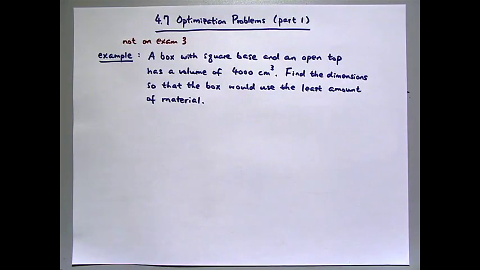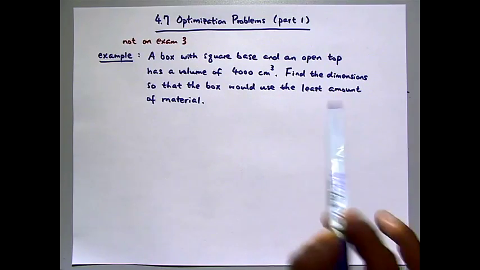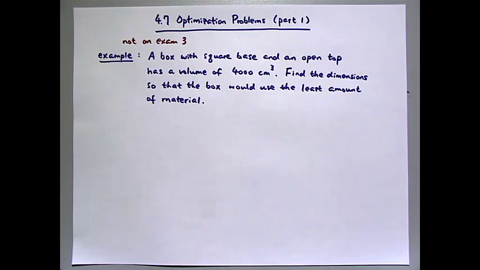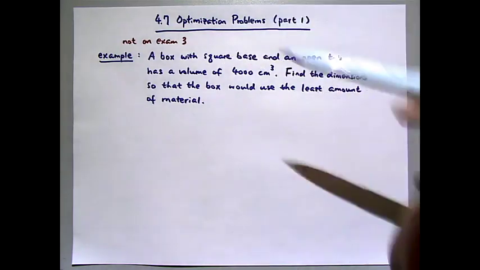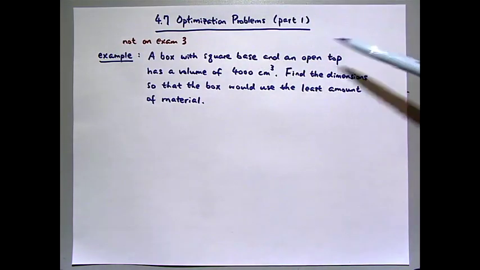It's a very typical optimization problem. We're always trying to find the most or the least, the maximum or the minimum of something. Here we're looking for the minimum amount of material required to build such a box that has a square base, open top, and a fixed volume of 4,000 cubic centimeters.